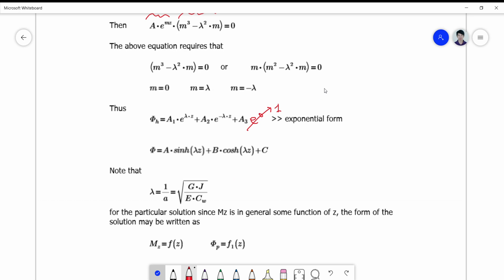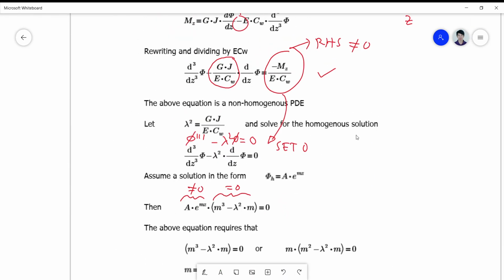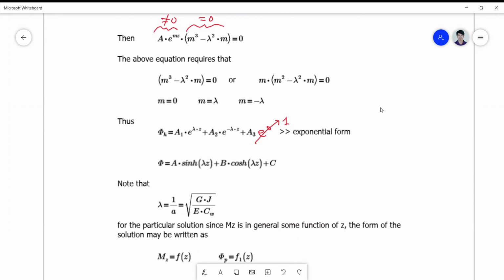We look into the original differential equation and take note that these coefficients are constant. Therefore, the right hand side of the equation has a solution of the form equivalent to the function of z as described by Mz.